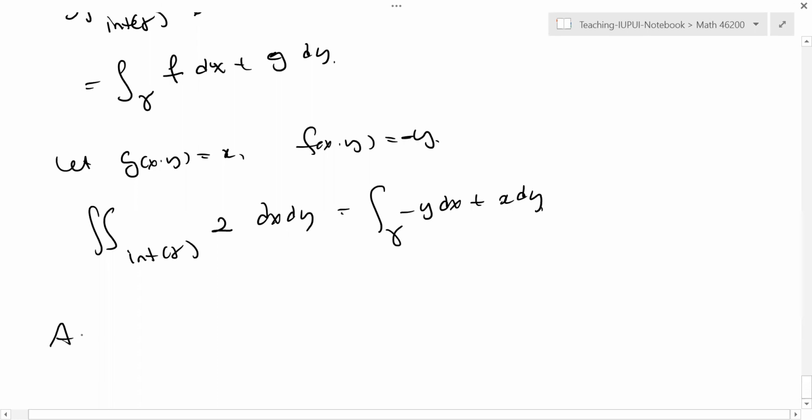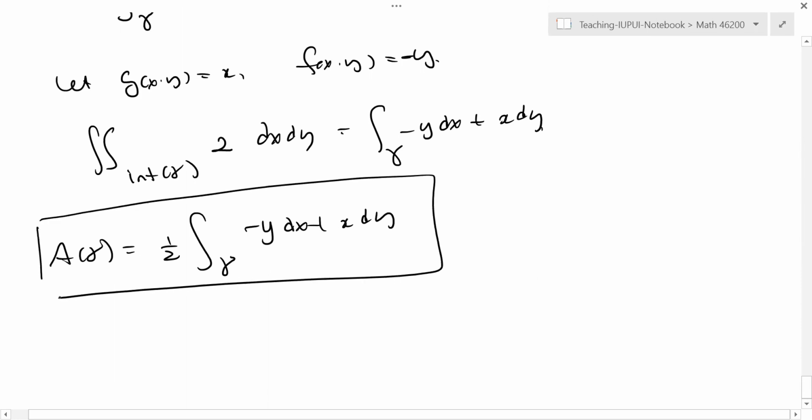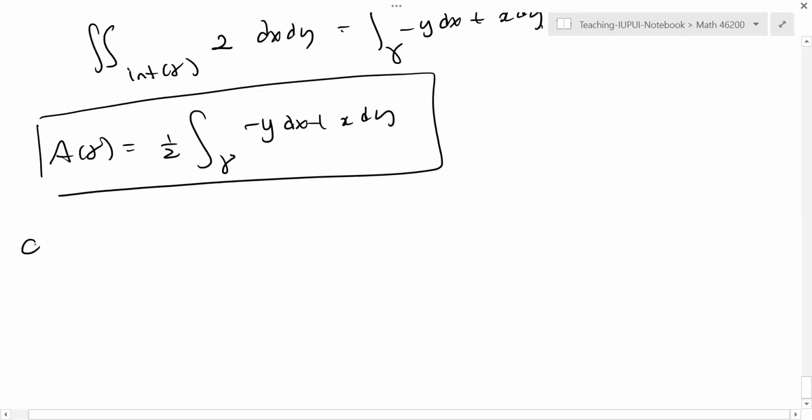So finally, we have the area formula. And this is a useful formula to calculate area. You change the double integral into a line integral, right? So let me give you the problem.